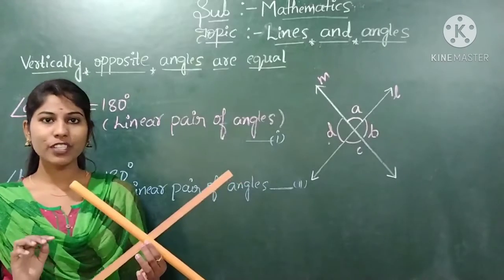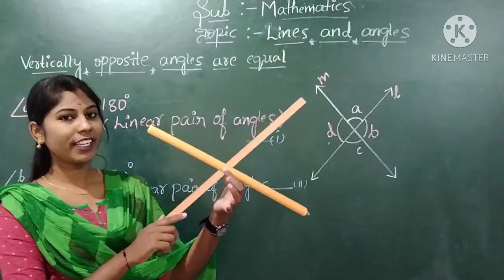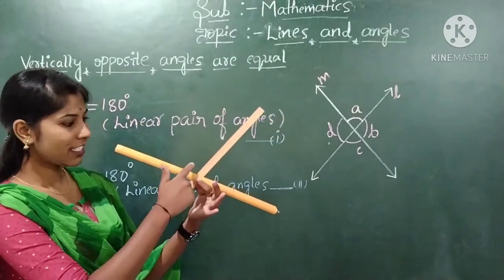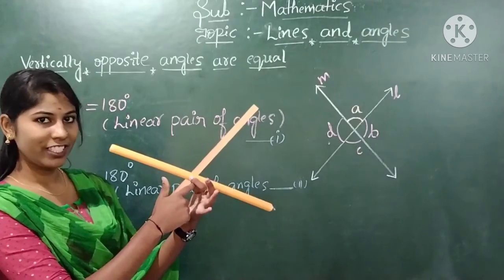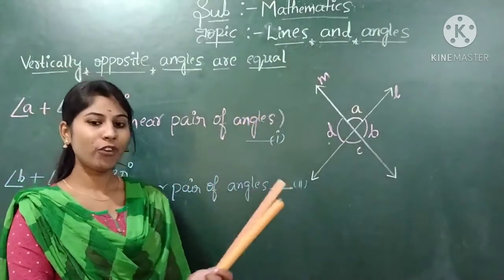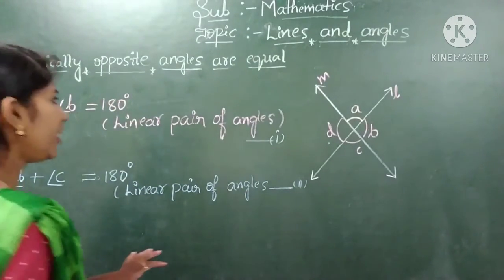It means, which are the vertically opposite angles here? Vertically opposite angles means this angle is opposite to this angle, and this angle is opposite to this angle. For example, let us see this figure here.